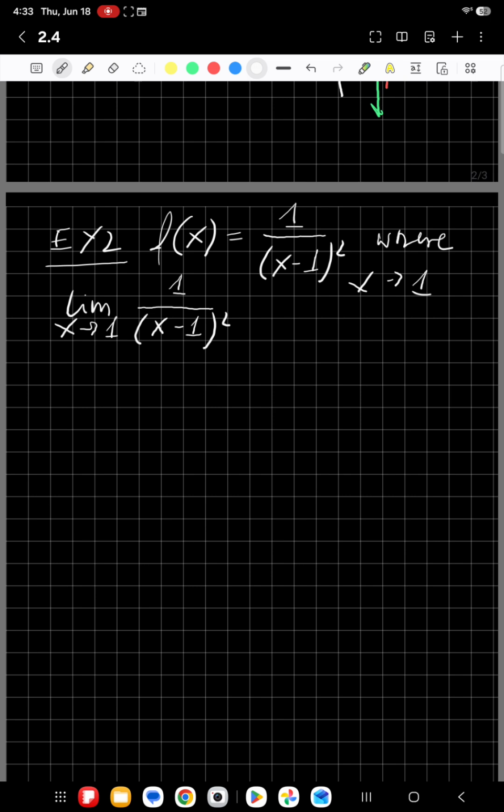I'm approaching 1, getting closer. Let's look at that limit from the right, so let's put the plus there to indicate that we're going towards that limit from the right. What we'll do is just solve it numerically.